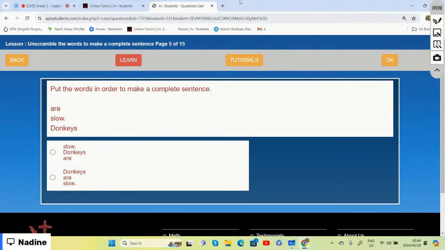All right, the next one says, are slow donkeys. Are slow donkeys. So do we say it is option one, which is slow donkeys are, or option two, donkeys are slow? Which one is correct? Are slow donkeys, meaning is it slow donkeys are, or donkeys are slow?